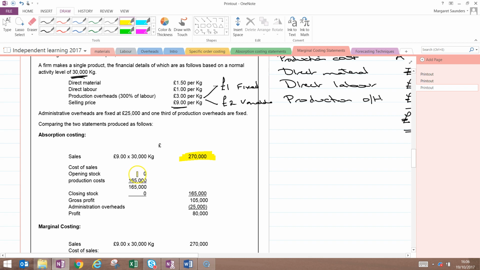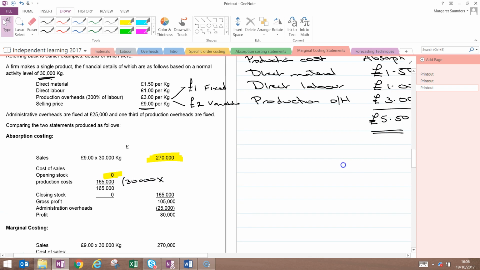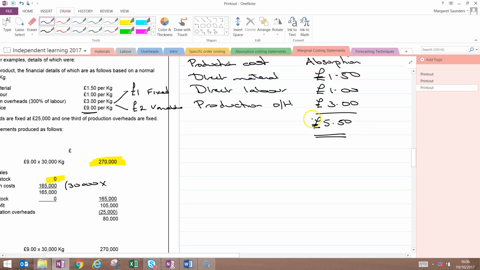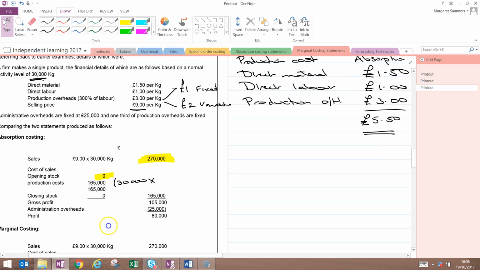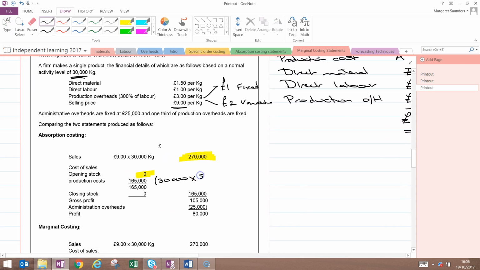We have zero opening stock. The production cost, because we're looking at absorption costing, 30,000 kilos, and we have a production figure of £5.50. So 30,000 times £5.50.